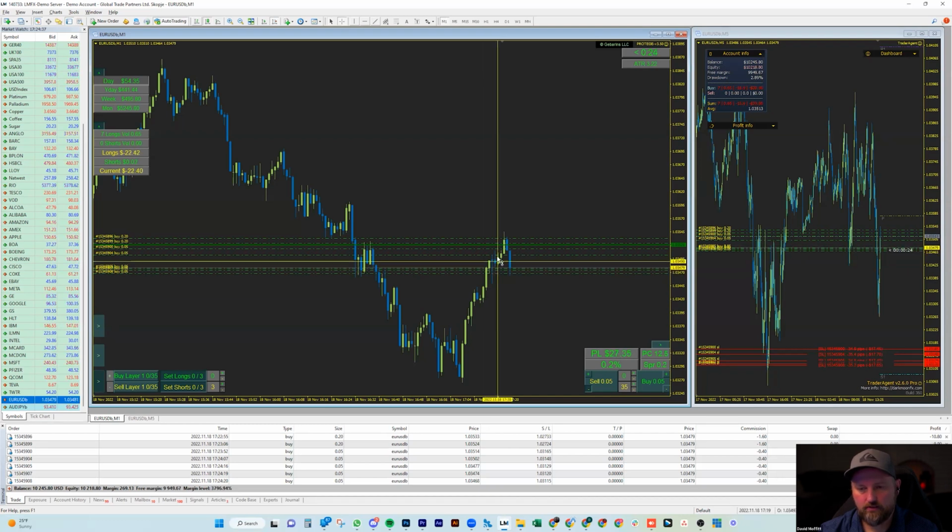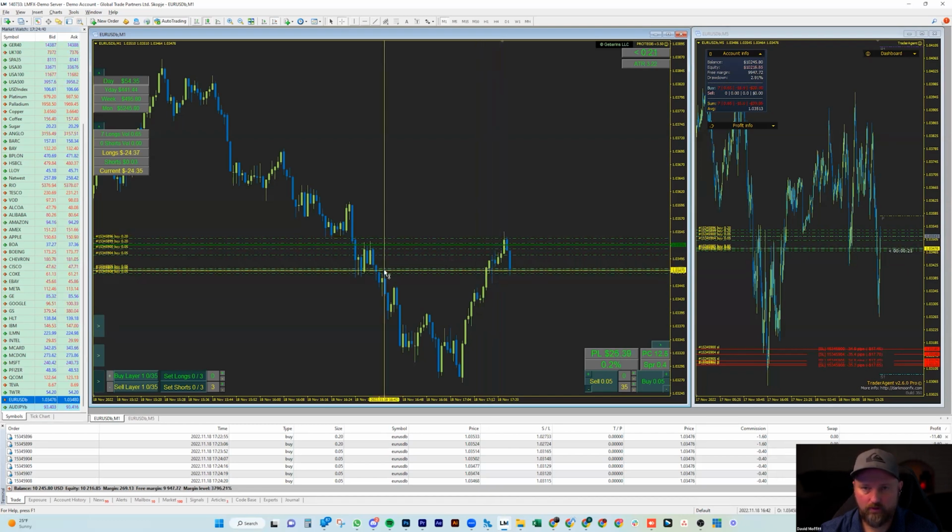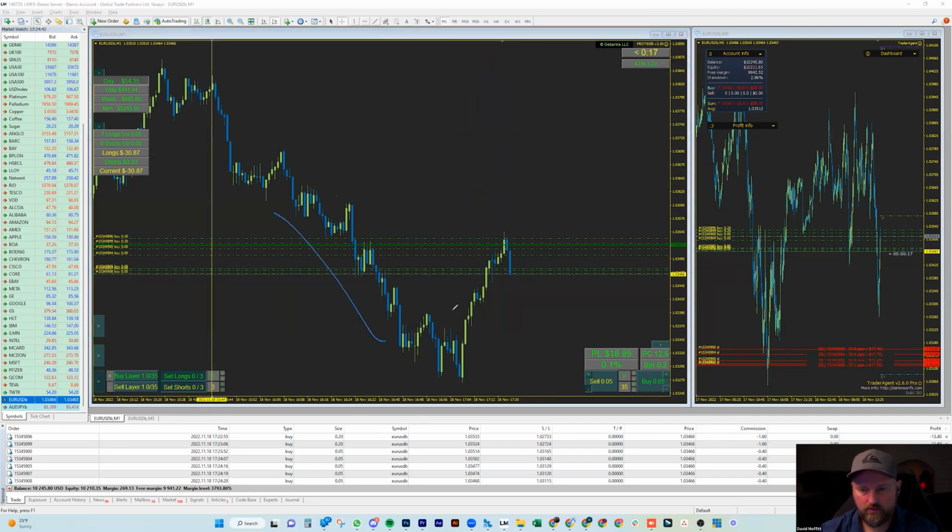But now you have to wonder if it's going to create a channel over here, right? So if it crosses this, then this run up is done and you need to get out of your buys for a possible test and a run lower. But if it fails to cross this area, it could do the channel thing where it's gone up and it's going to continue to go up that way.